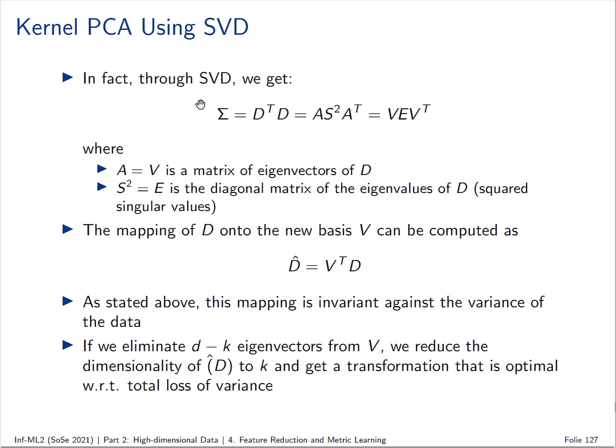Why is that the case? Because through SVD we get this decomposition of the covariance matrix sigma, which is computed by the data matrix transpose times itself.